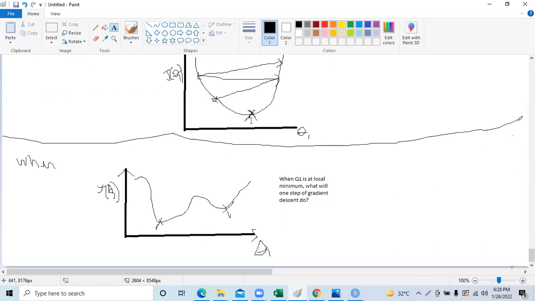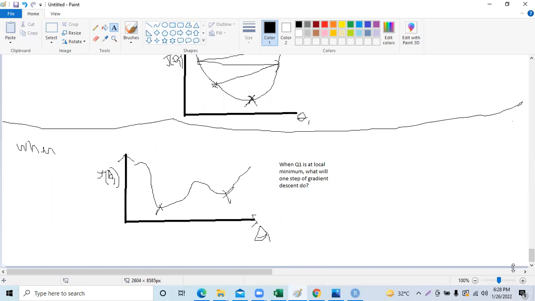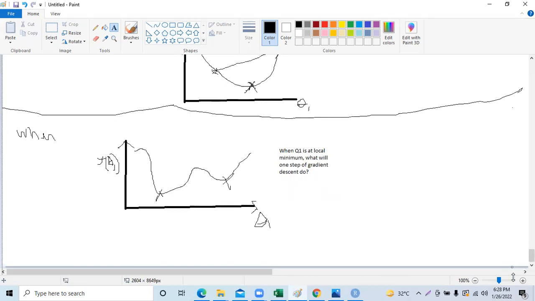But now, when we've gotten to our global minimum, or in this case our local minimum, what will one step of gradient descent do? Will it move in this direction, or this direction? That's another clue. If you understand the topic very well, then you would be correct.